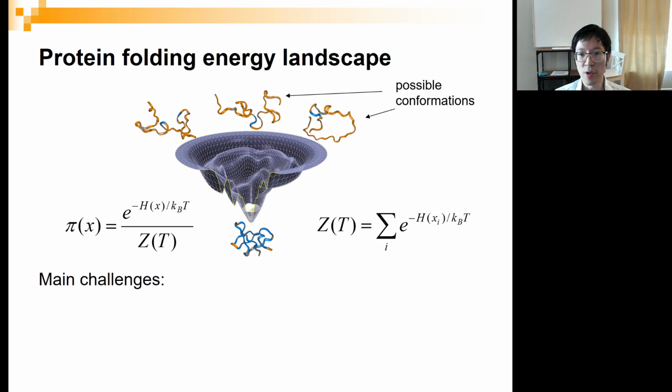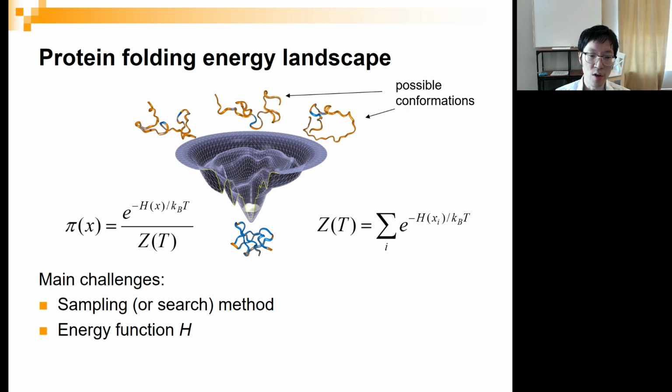Conceptually, it's a simple energy optimization problem, but it's quite difficult because there are two major bottlenecks or challenges. First, we need a way to search or sample the space of conformations, and that's hard because of the high dimensionality, and it's also a very rough and multimodal energy surface.